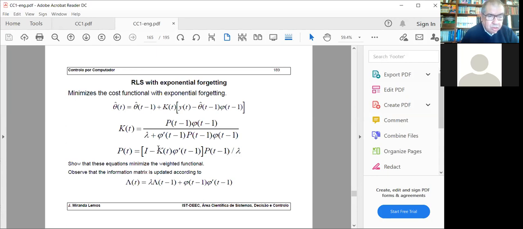So there are algorithms that adjust lambda using this rationale. When you have a small prediction error, make lambda close to 1. When the prediction error is big, you need to readapt the value of your parameters, so reduce lambda. That's variable forgetting factor.